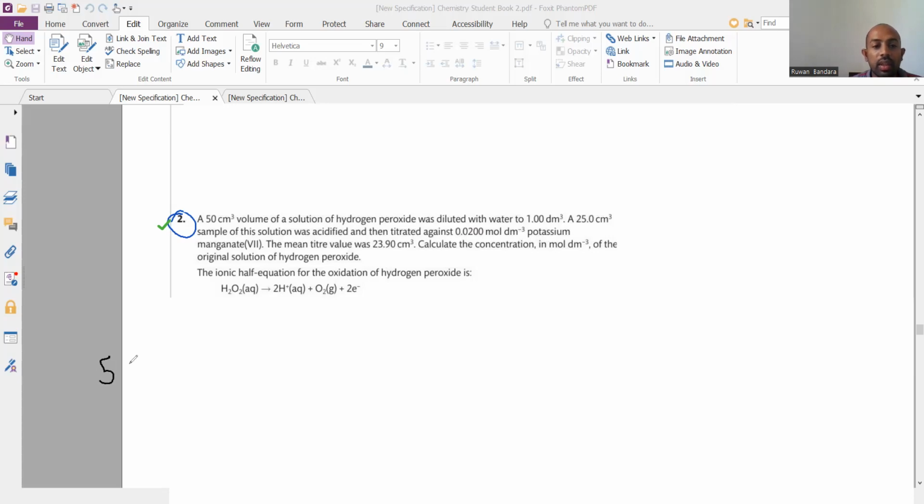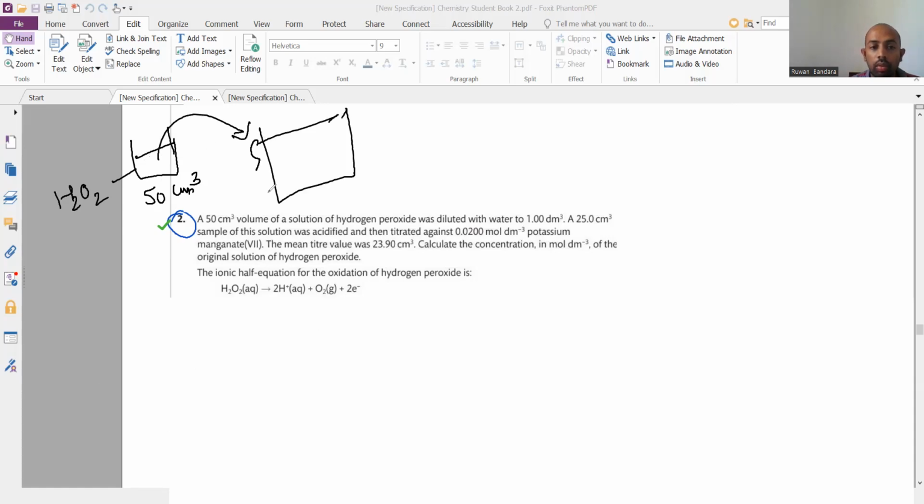We have 50 cubic centimeters of hydrogen peroxide, H2O2, and you are going to dilute it to 1000 cubic centimeters by adding water.